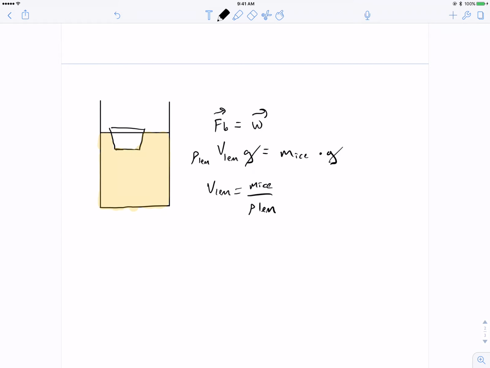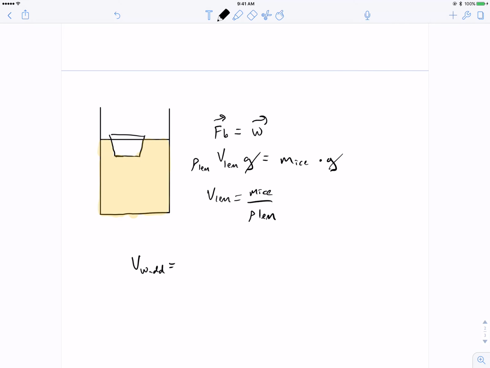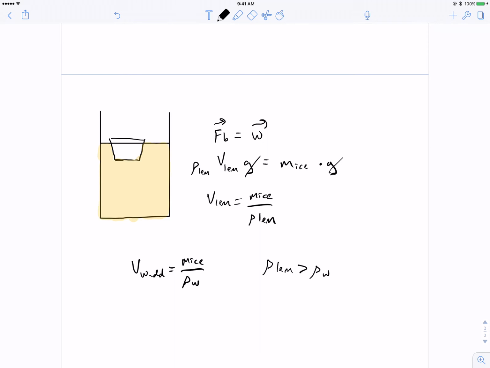And then let's think about the volume of water added. Again, we'll compare the two. The volume of water added, just like before, is going to be the mass of the ice over the density of water. But now we can think about something here. The density of lemonade is going to be greater than the density of water because of all that sugar dissolved in it.